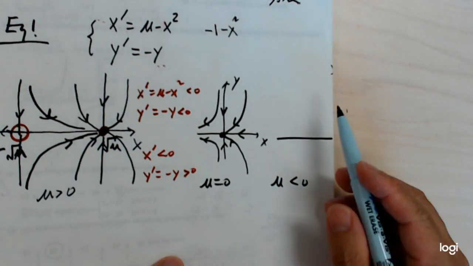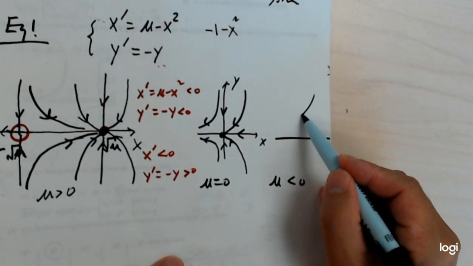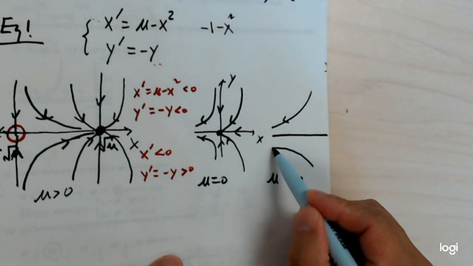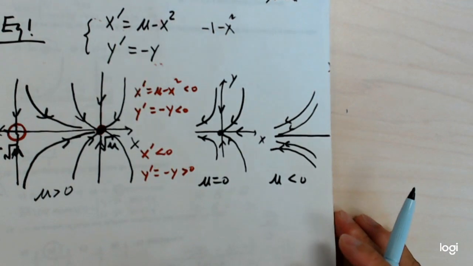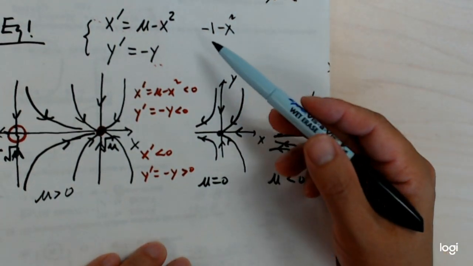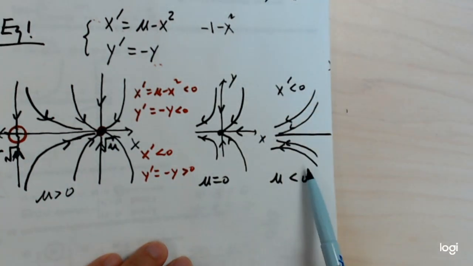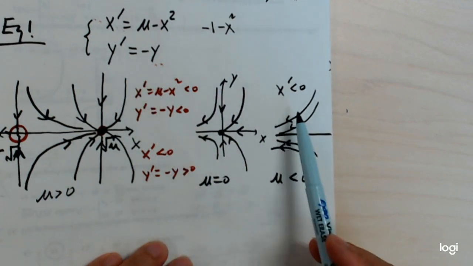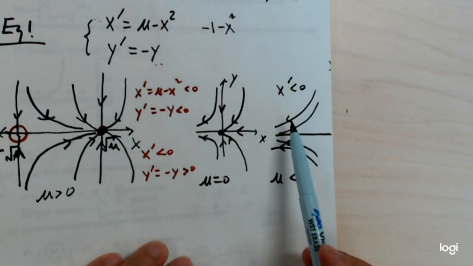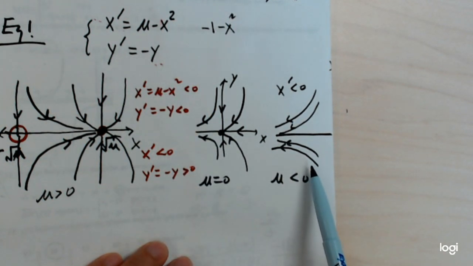And the phase portrait will look like this. Because x prime is always going to be negative, it's always moving to the left side. The y prime up here will be pointing downward. Y prime down here will be positive, so the phase portrait will be pointing upward.